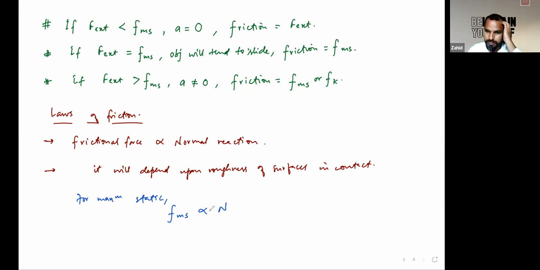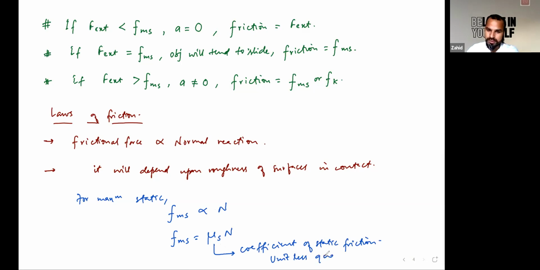If we remove this proportionality by putting a constant of proportionality, it will be mu static times N. This mu is termed as the coefficient of static friction, which is a pure number, a unitless quantity. Is it clear till this part? Yes, sir.